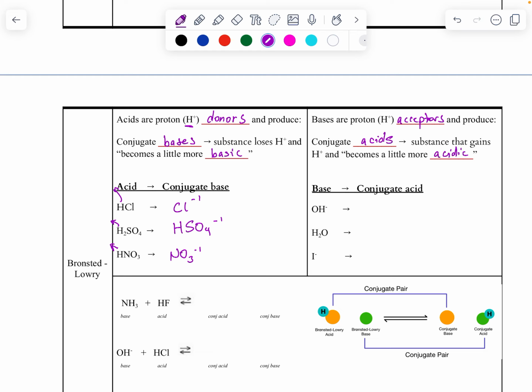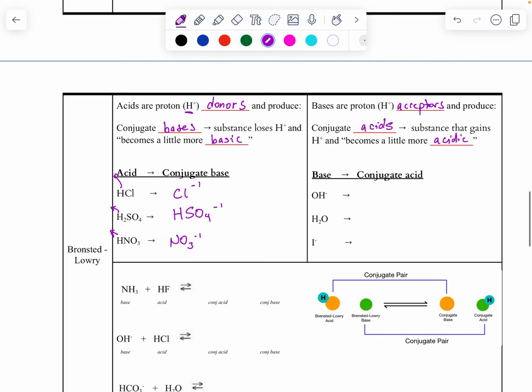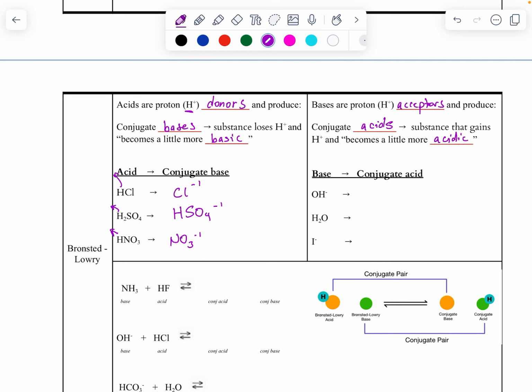Right? So acids donate their protons to become more basic, effectively, and bases accept other hydrogen ions to become more acidic. So if I add a hydrogen to OH, then that becomes HOH, or more commonly referred to as H2O.